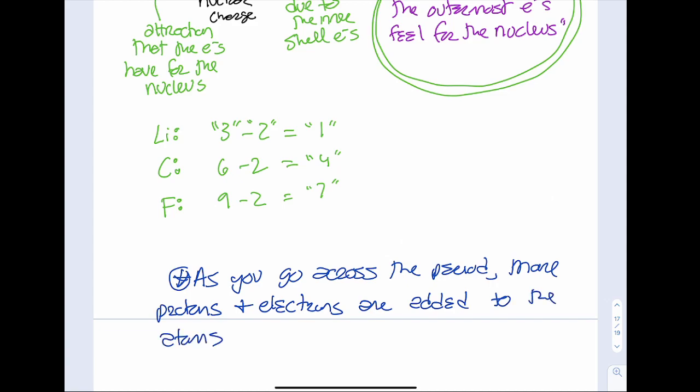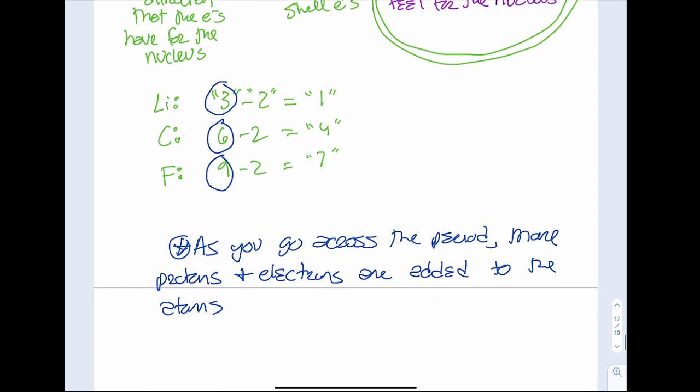If we go back and look at our example here, I had 3 protons, 3 electrons. Carbon, I had 6 protons, 6 electrons. Fluorine, 9 protons, 9 electrons. So as I go across the period, more protons and electrons are added to the atoms.